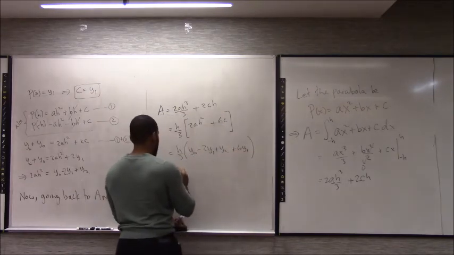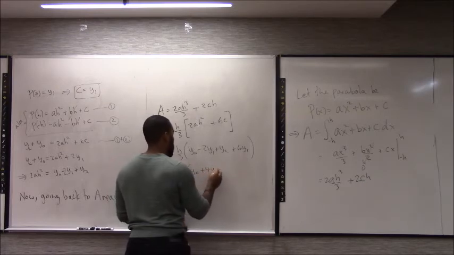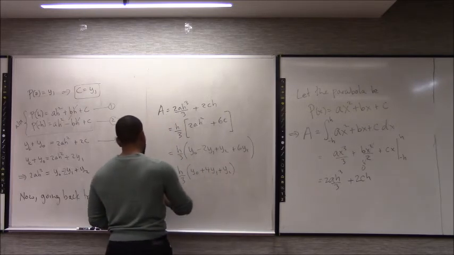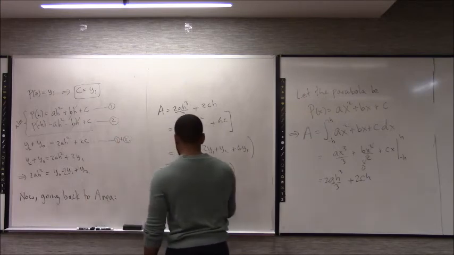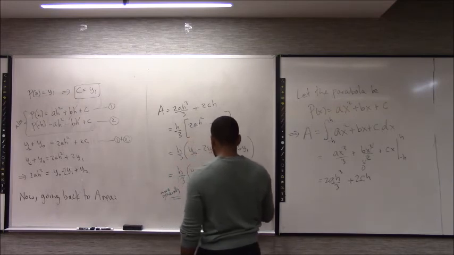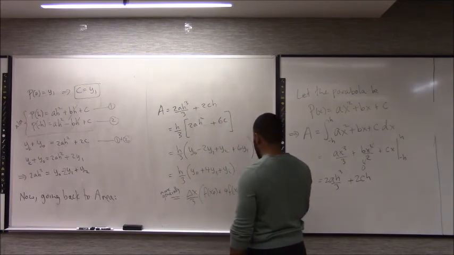And so we end up with h over 3 times y0 plus 4y1 plus y2. Or more generally, delta x over 3 times f of x0 plus 4 f of x1 plus f of x2.